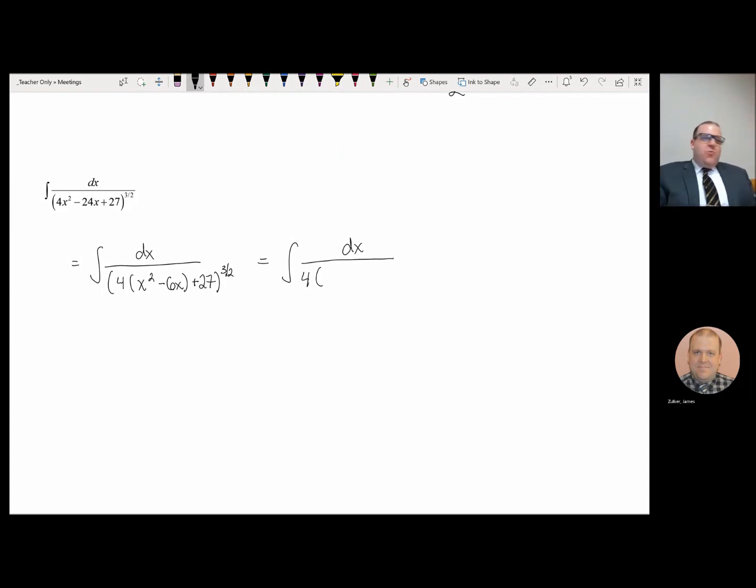Complete the square on x squared minus 6x. I know, I'm evil for making you think all the way back to algebra. How do you complete the square?